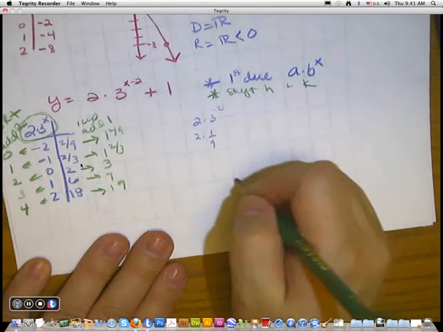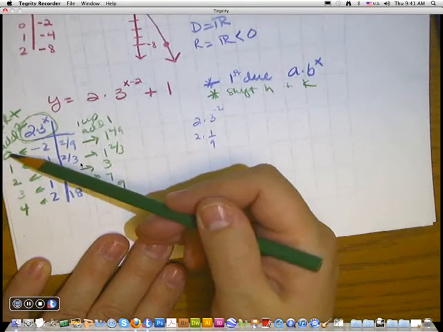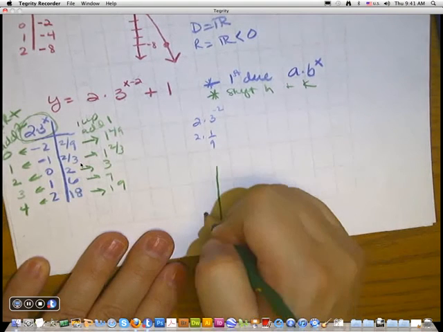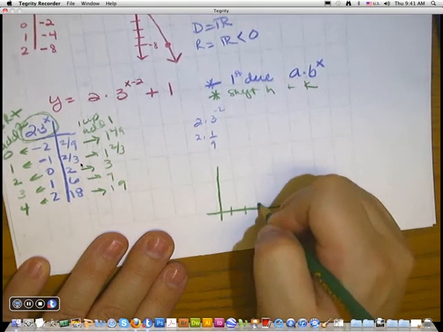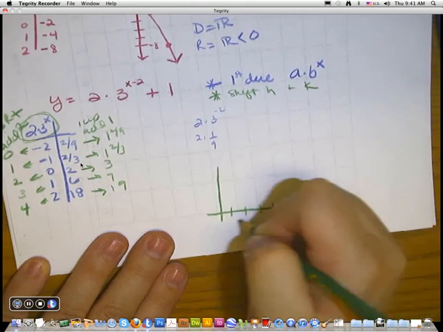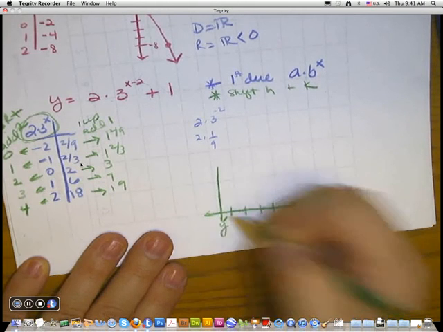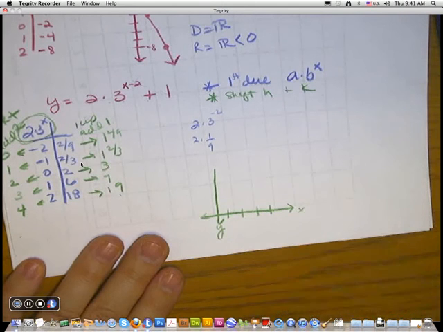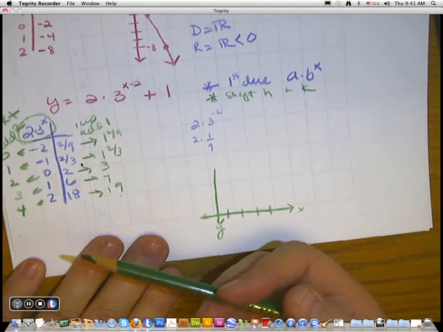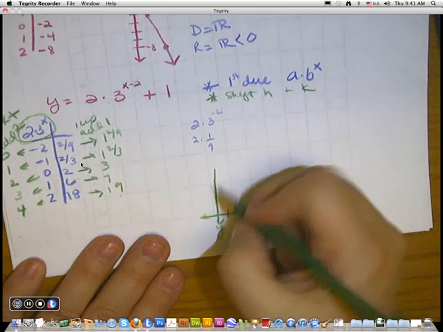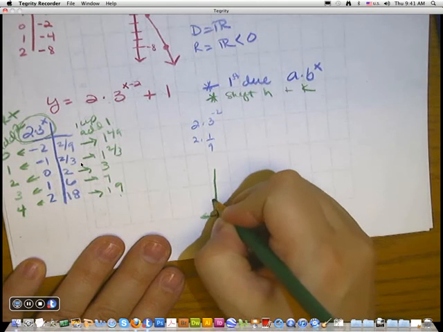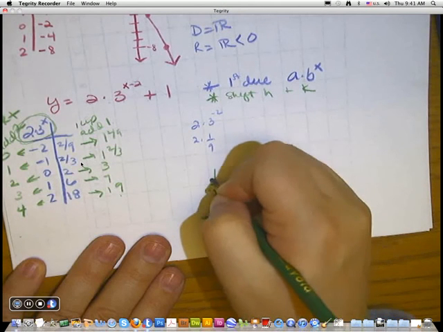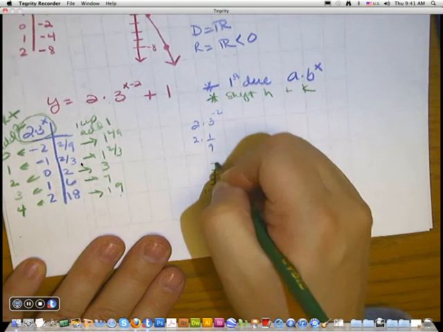Now when I make my picture, I need to have my x values go 0 to 4. And I need to have my y values go 0 to 19. 19's over 15, so I can use a different scale, maybe 2s. 12, 14, 16, 18, 20.